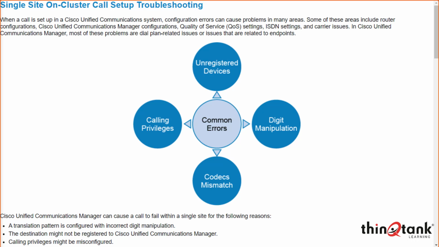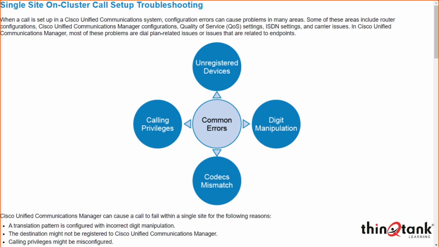The destination device might not be registered. Maybe the call is pointing to a gateway or a gateway resource, and the IP connectivity to Call Manager is up. Maybe it's a CUBE, a Cisco Unified Border Element device, and it's got a SIP trunk going to an ITSP, but the SIP trunk side is down, while the SIP trunk to Call Manager is up.